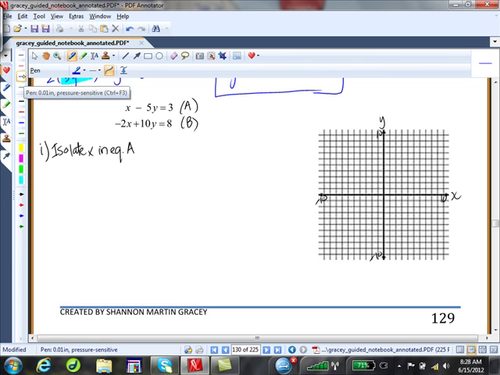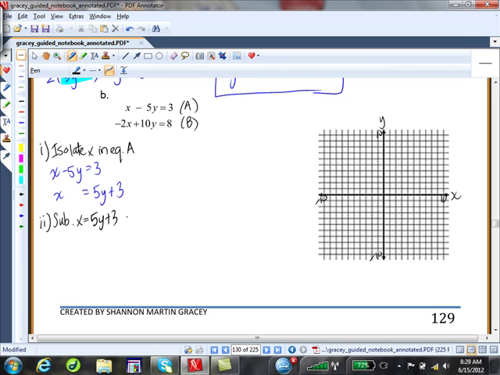So we have x minus 5y equals 3. Adding 5y to both sides, we'll get x is 5y plus 3. So next step, substitute x equals 5y plus 3 into which equation? Good, equation B. This will let us solve for y, or at least that's the plan.